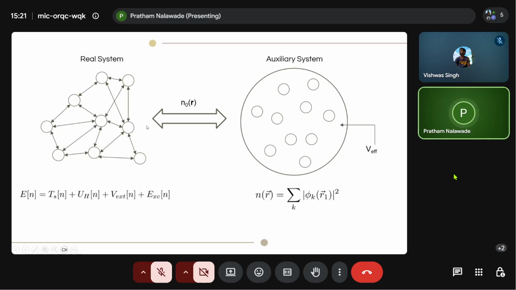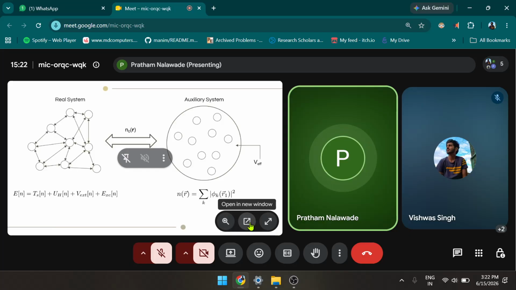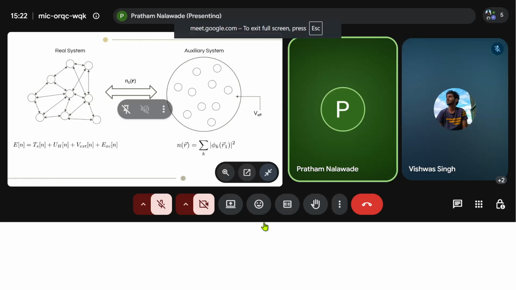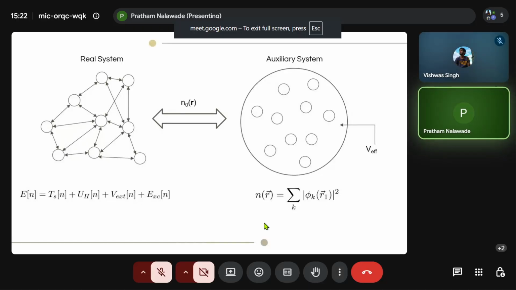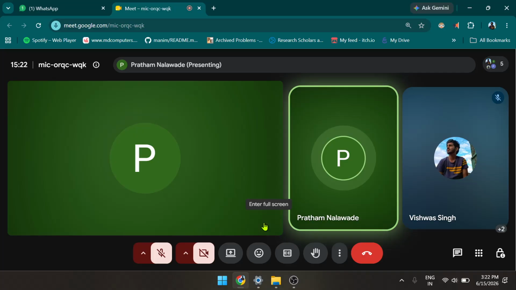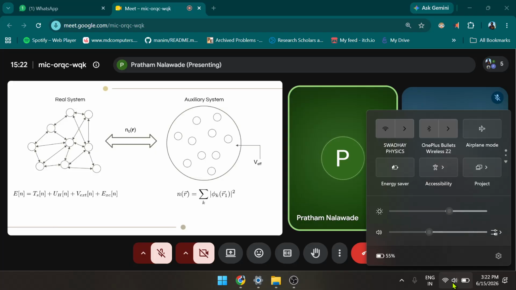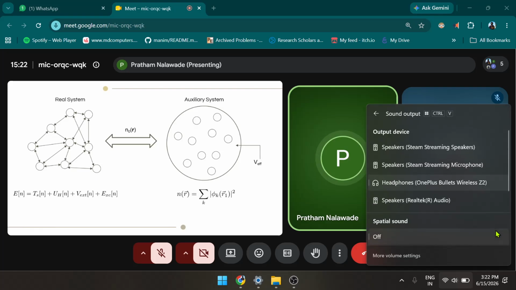So rather than dealing with this many-particle interaction, with all particles interacting with each other, and then finding the ground state charge density, I'll just say that I have these fictitious particles moving around, not interacting with each other, but interacting with an effective field which gives me the same charge density as my real system. Once I know this effective field, I can get the same charge density as the real system.